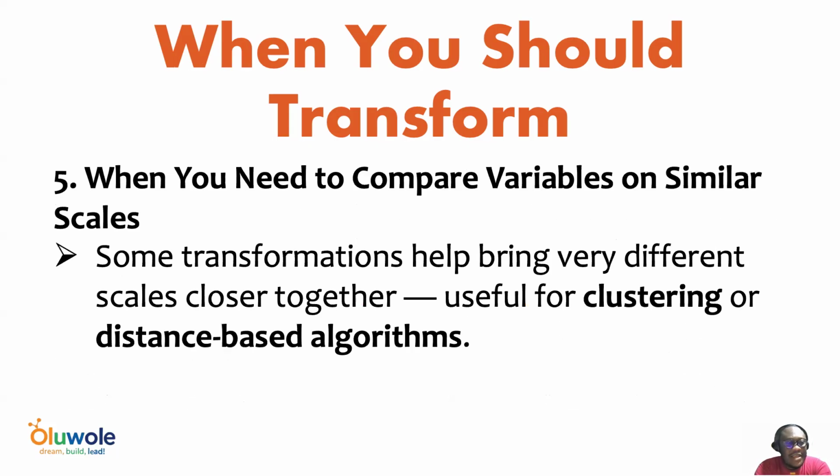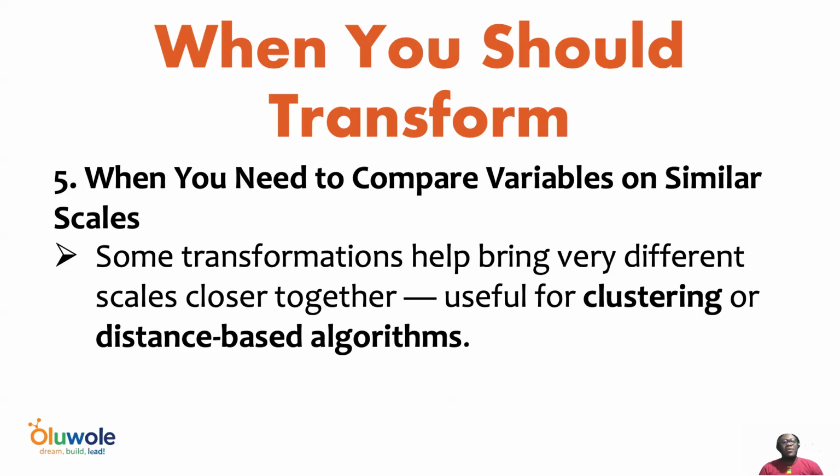Right. Then lastly, when you need to compare variables on similar scales, exactly. Some transformations help bring very different scales closer together. Useful when you are working on clustering or distance-based algorithms. You see that we have supervised learning and unsupervised learning.